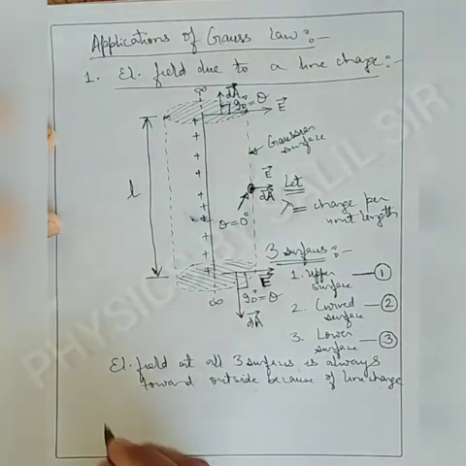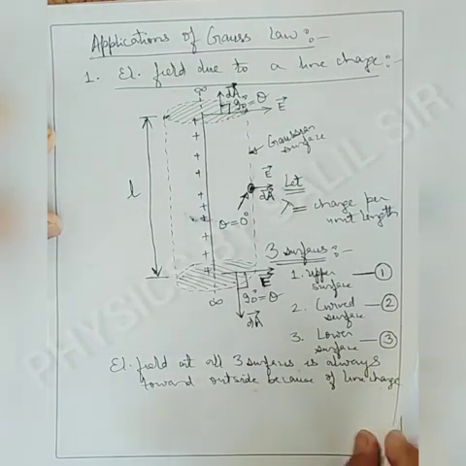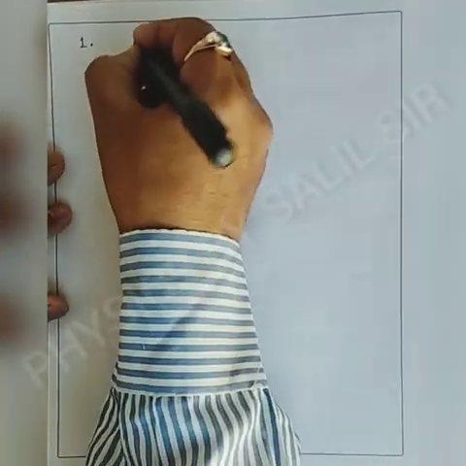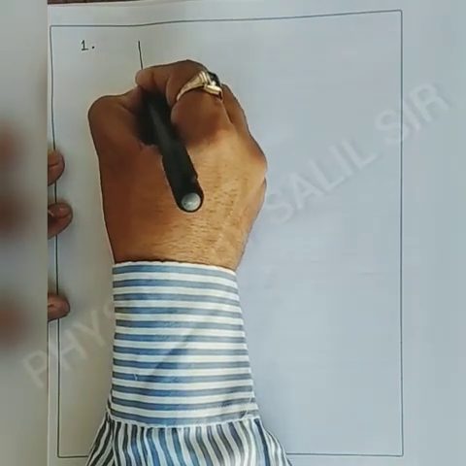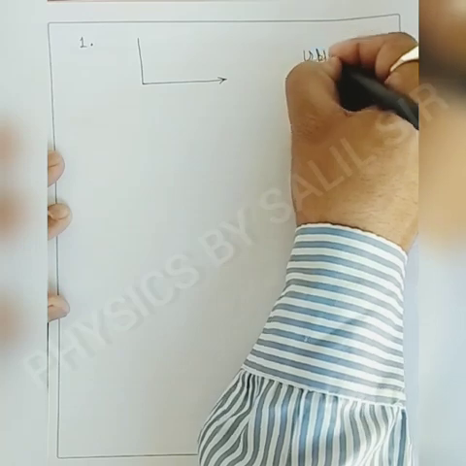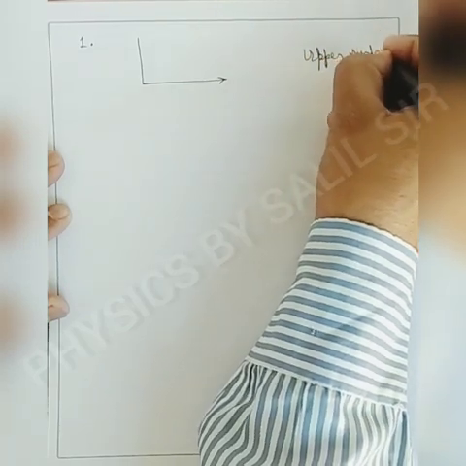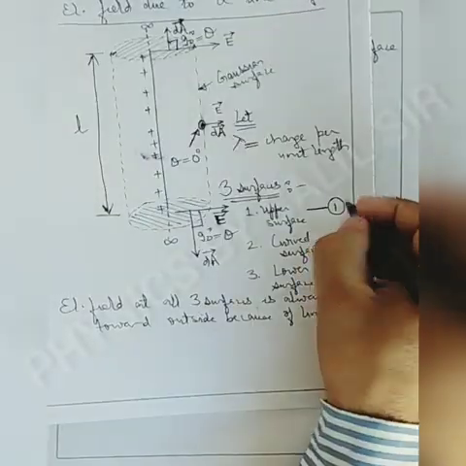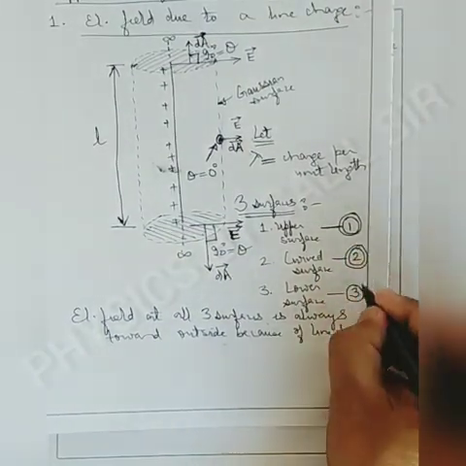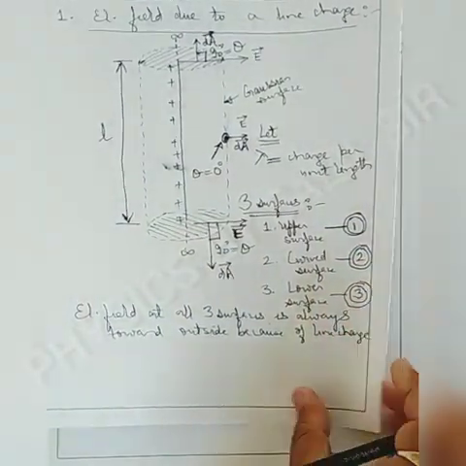Now we are making separate diagrams to understand more clearly. We have considered the upper surface as surface number 1, the curved surface as surface number 2, and the lower surface as surface number 3.